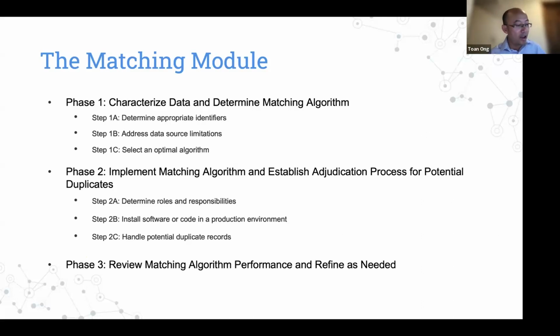In this process, we usually have a leader who is responsible for overseeing the entire process, and then you have the people who are responsible for software development, as well as conducting the linkage and performing linkage adjudication, and also ensuring the quality of the linkage data.